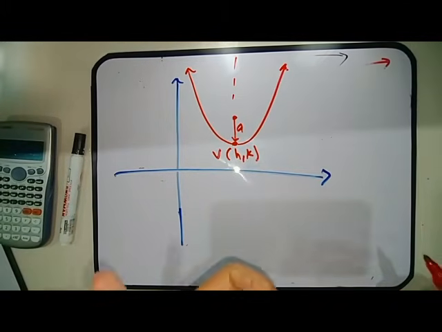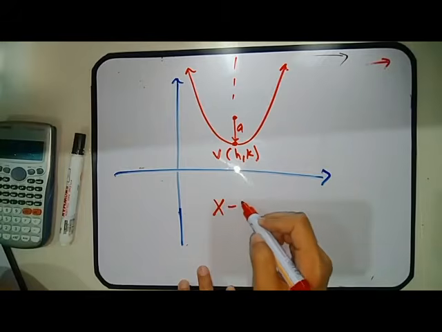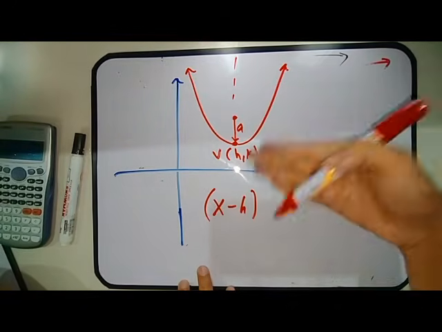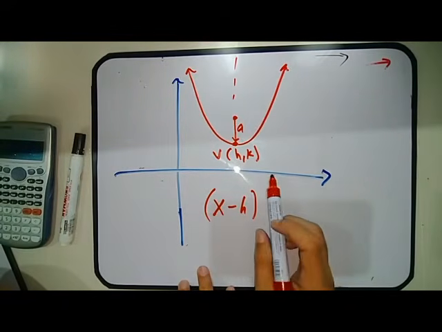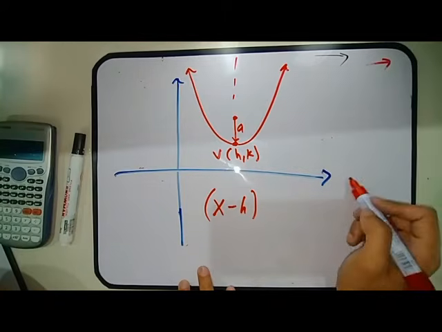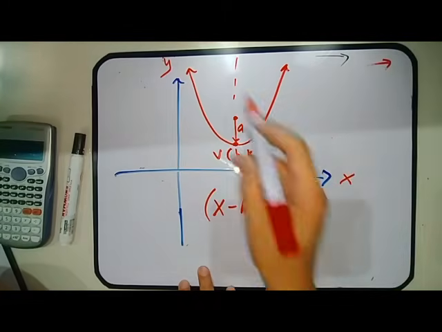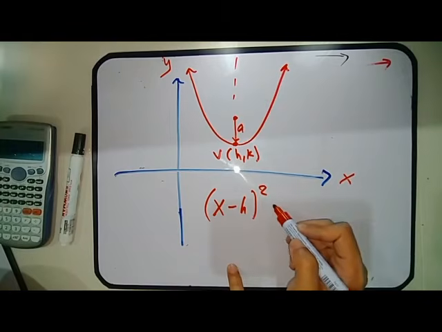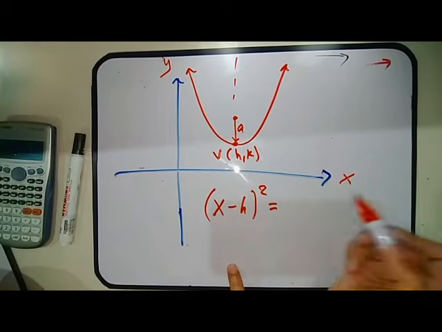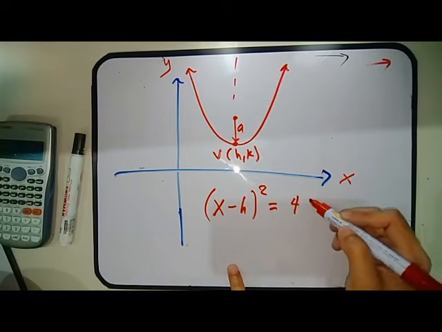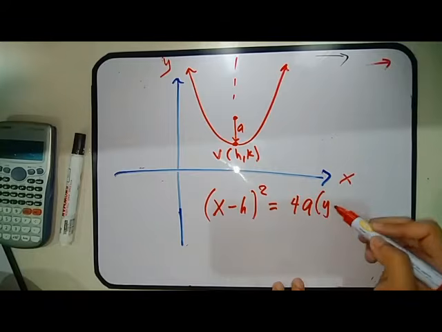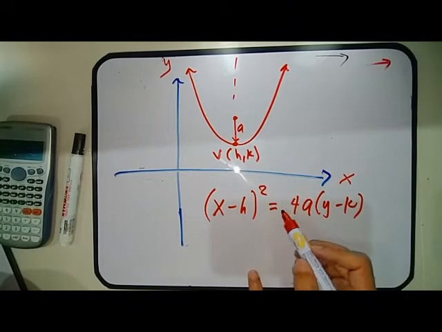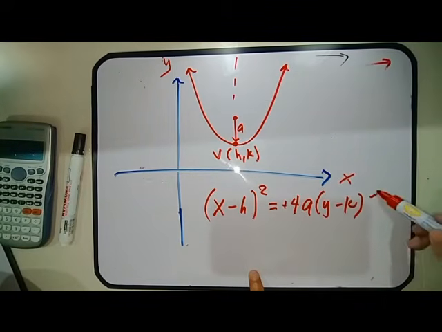So, yung equation natin will be, you have x minus h. So, since nakaharap naman yung vertex natin sa x-axis here, means that yung x natin yung naka-squared. So, x minus h squared equals, you have 4a y minus k. So, upward siya kasi positive dito. So, this is opening upward.